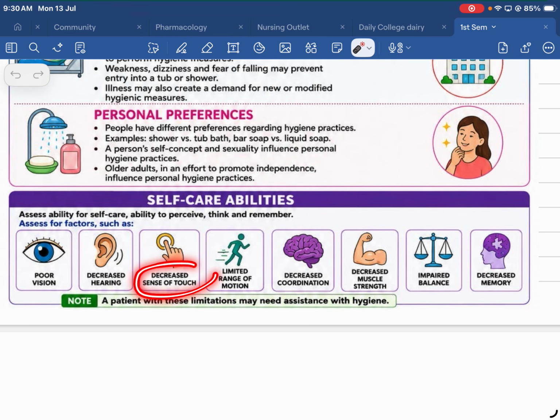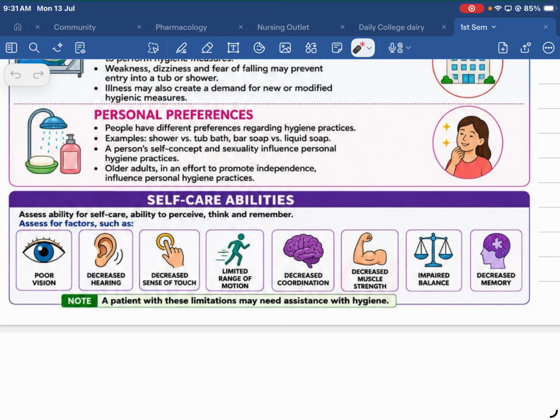And next, decreased sense of touch. If the person can't feel the touch, they can't understand what stain or what insect is on their body, they can't sense it, right? And next one is limited range of motion, as I said, for the increased age people, they can't do it. And decreased coordination, like Parkinson's disease or coma patients, unconscious patients, they can't do hygienic practice.